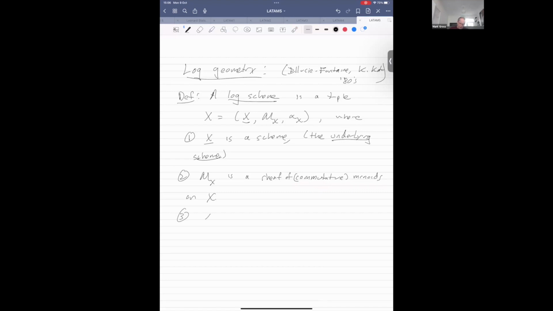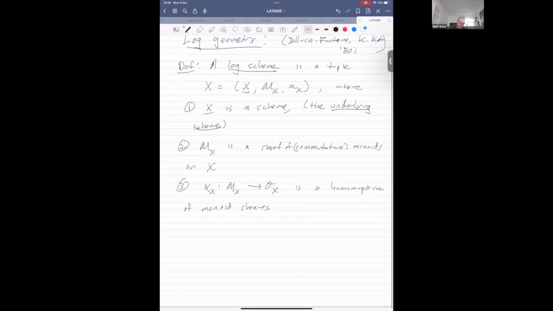And the third statement is that alpha_X is a homomorphism of monoid sheaves from M_X to O_X, where O_X is given a multiplicative monoid structure. In other words, the operation is multiplication of regular functions, and of course, you can't necessarily invert a regular function, so it is a commutative monoid.